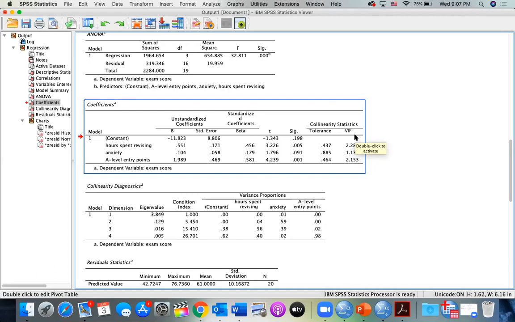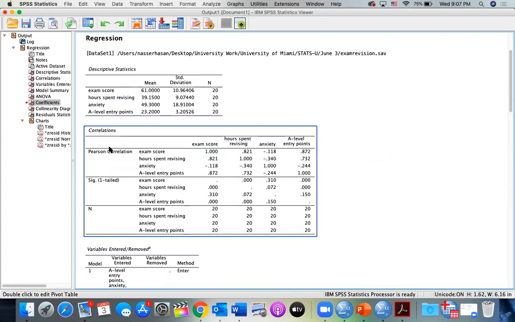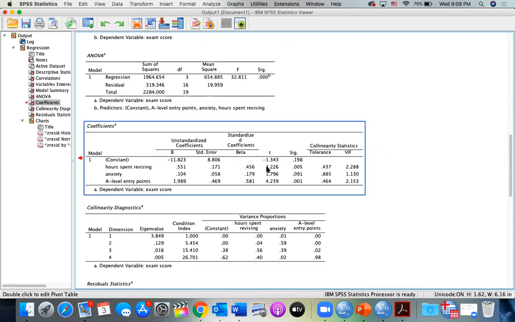The second thing we want to get from this table is the significance of the effect of each predictor in the model. So we know previously from the correlation matrix that exam score is highly correlated with hours spent revising and A-level entry points, but not with anxiety. So this could give us a sense of this result.